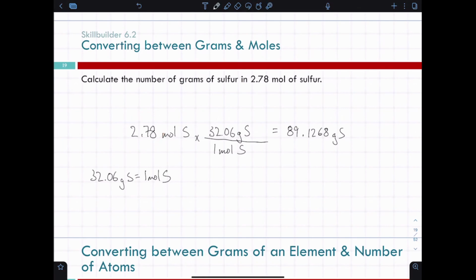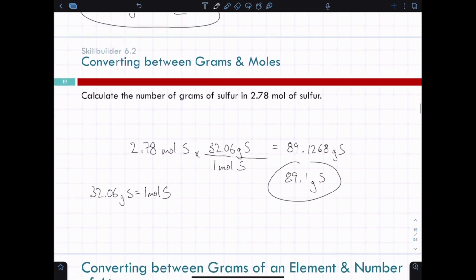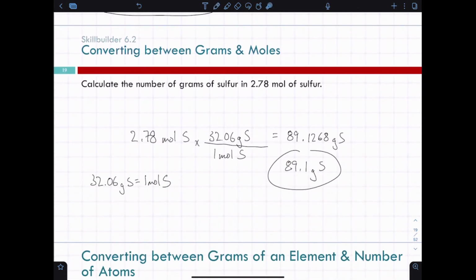So this is going to be 89.1 grams of sulfur. This 1 mole of sulfur on the bottom is always an exact number, so it's never going to determine the sig figs.